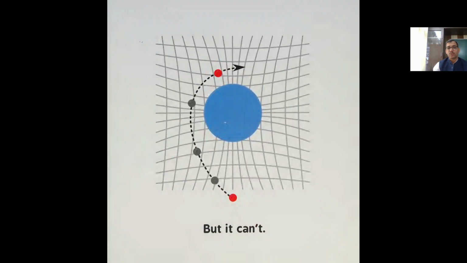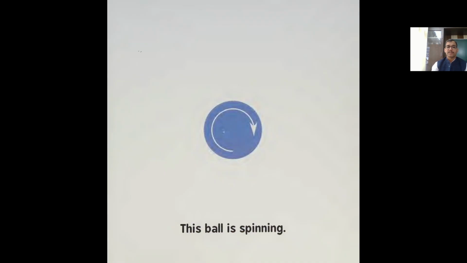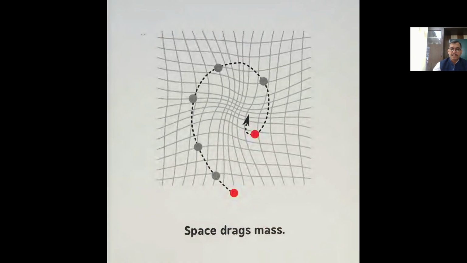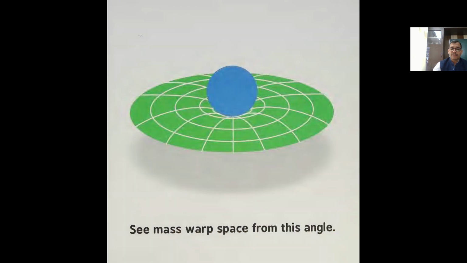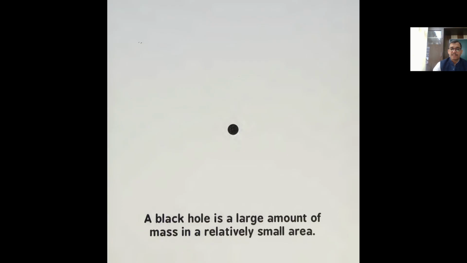It goes closer, round and round, the shortest path through the curved space. And this ball is spinning. Mass drags space, space drags mass, and the mass warps space from this angle. So like this.